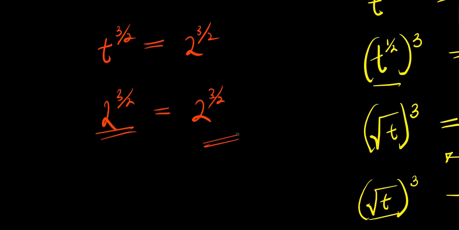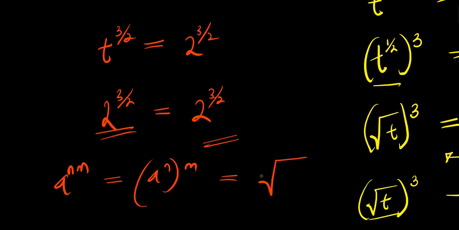This side and this side are the same, or you can simply apply this. You have a power n times m equals a power n to the power of m. And this equals, if you apply it here, the m root of a power n.